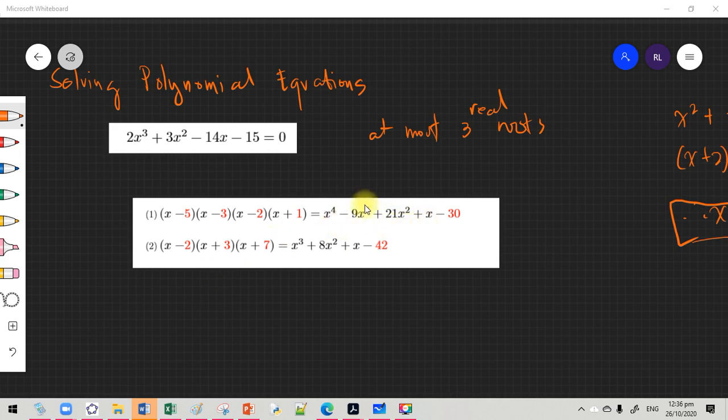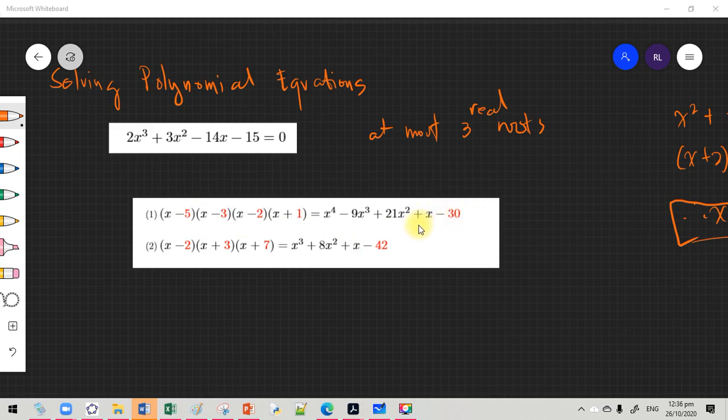This is the thing that we did in the previous lesson. We factored this polynomial like this. You notice that the constant term 30 is actually, look at this, 5, 3, 2, and 1. If we multiply these, we actually get 30.